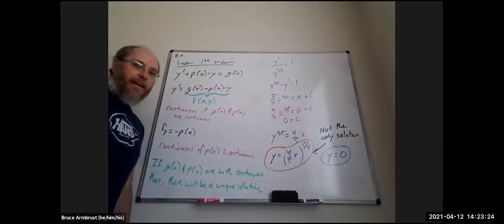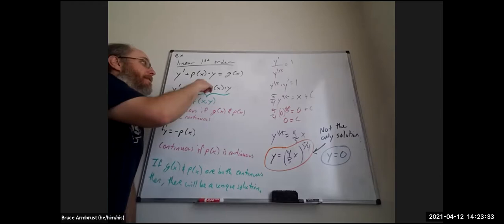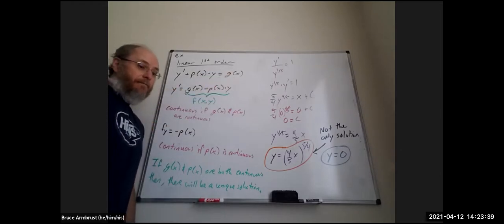Because if you're guaranteed a solution, you know it's unique. And the only issues you're ever going to have are with the p and the g. What do those functions look like? Are they going to be problems? Are they not?